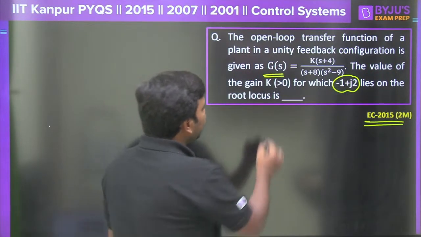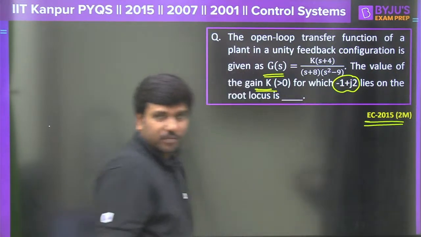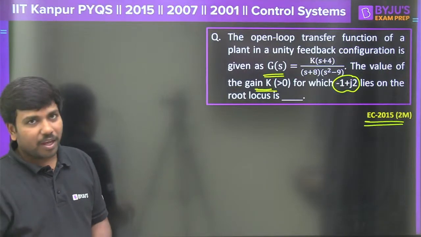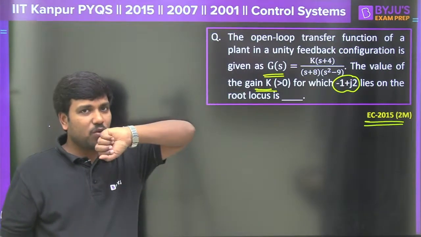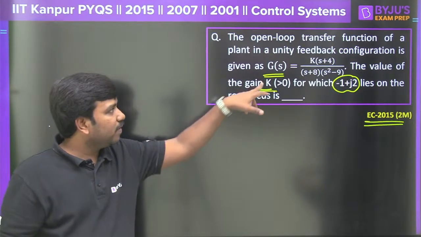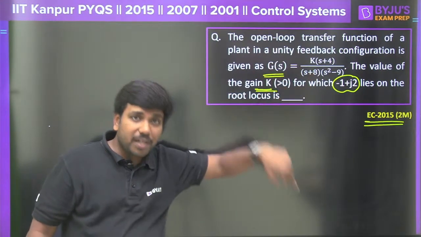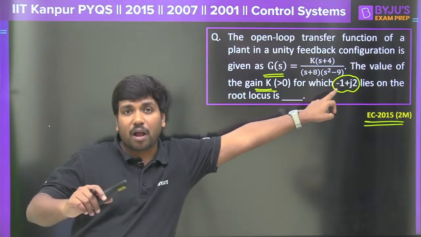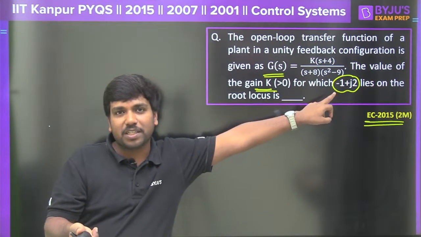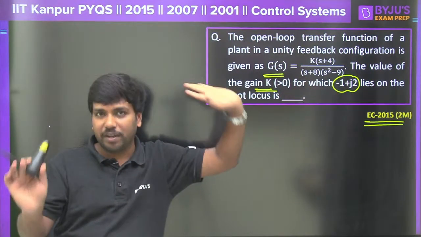So indirectly they are asking what is the value of K. If you refer, the very first question you solved in root locus is a similar kind of question. But here we cannot construct the characteristic equation and substitute the complex point in it to find the K value. It's very difficult.